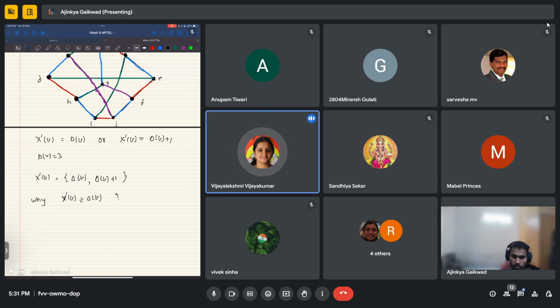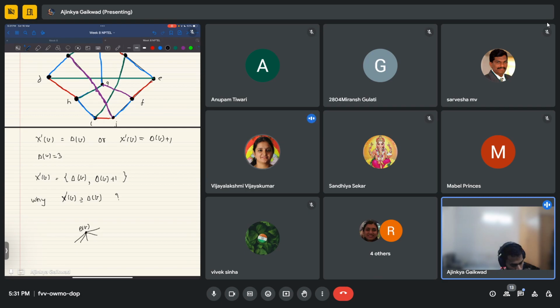Because of adjacent edges. Adjacent edges, as in, can you elaborate a little bit? If a vertex has maximum degree delta of G. Yes, you're right.